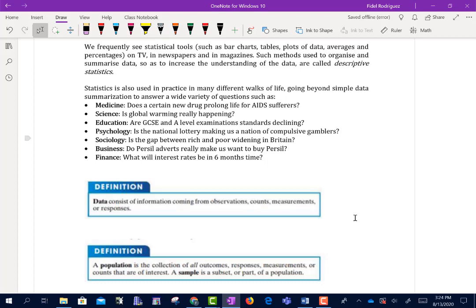Yes, it is. Education, are GCSE and A level examination standards declining? Psychology, is the national lottery making us a nation of compulsive gamblers? Sociology, is the gap between rich and poor widening in Britain? Business, do Persil adverts really make us want to buy Persil? Finance, what will interest rates be in 6 months' time?